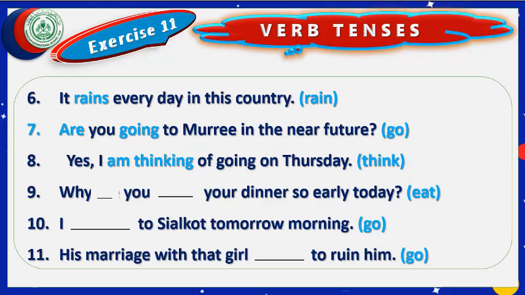Number 9 will be by using eat. Why are you eating your dinner so early today? I am going to Sialkot tomorrow morning. His marriage with that girl is going to ruin him. It will be done like this.